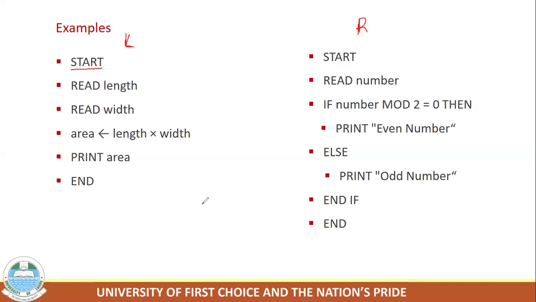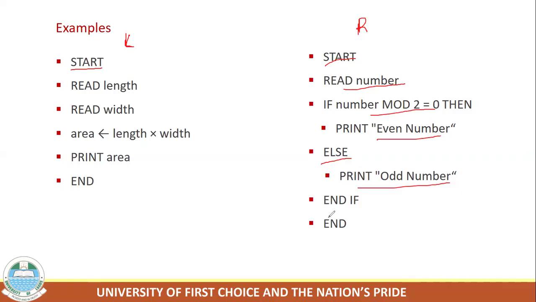Okay, that's good. So what do you do? You start, you read the number, then you find the mod 2. If the mod 2 is equal to 0, it means it is even. You can see that we indent this statement. Otherwise, we print odd number.